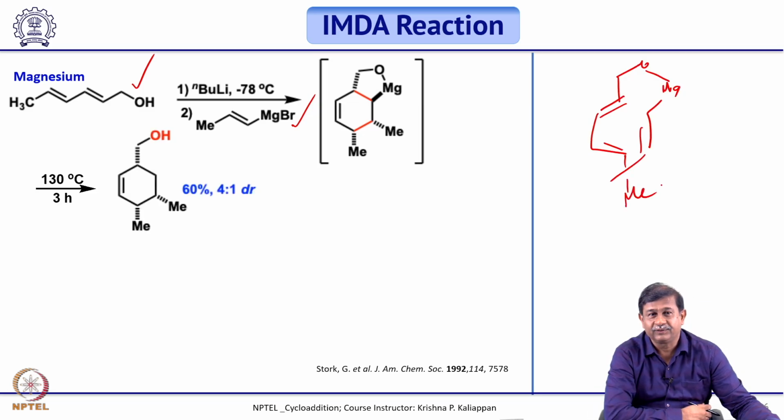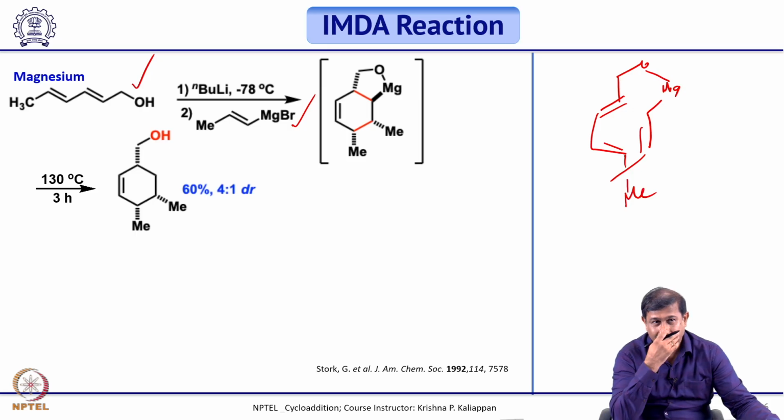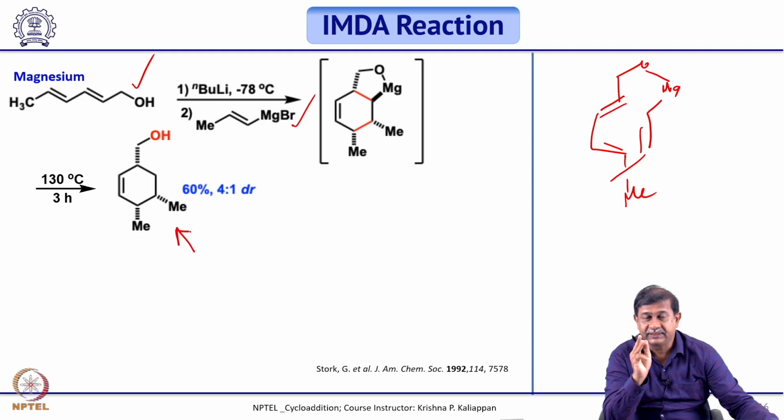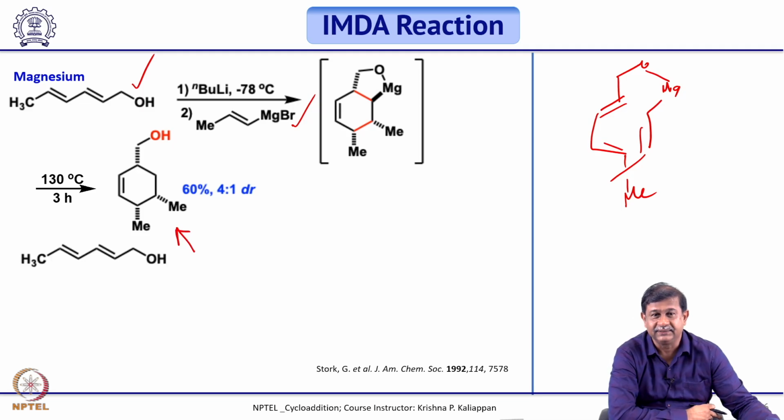Okay. So this will undergo an intramolecular Diels-Alder reaction, and afterwards the O-Mg bond can be hydrolyzed and the C-Mg bond will give the corresponding hydrogen. So what you are doing is you are fixing 3 stereo centers in this reaction.